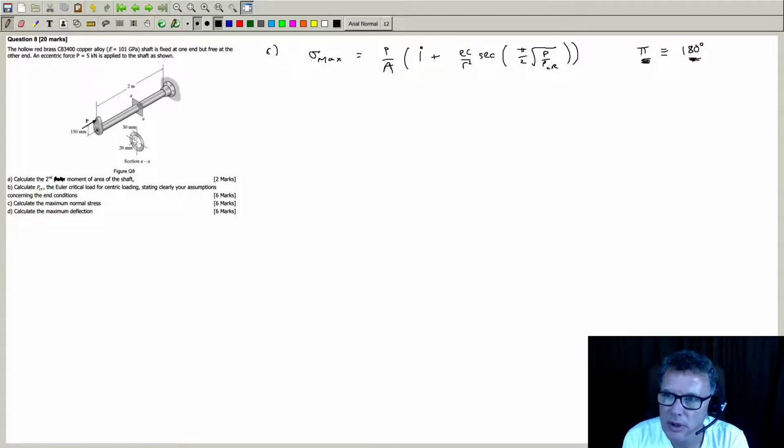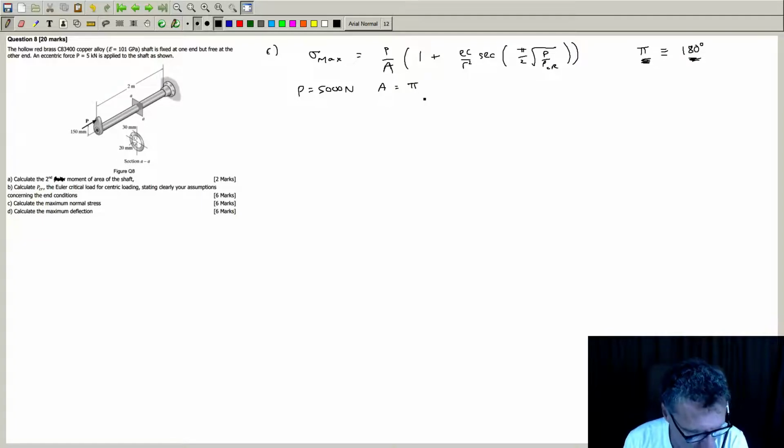So the way to approach this is to write out the various terms you've got. So you can see that you've got your P, so that's 5,000 newtons. Your A we already calculated. Oh no, we haven't calculated that. So the A is the tube. It's going to be similar to the second moment of area.